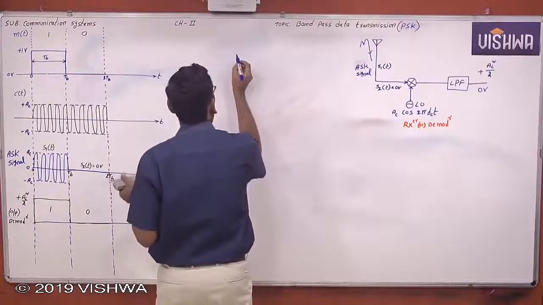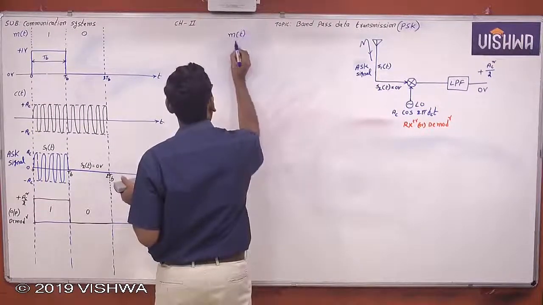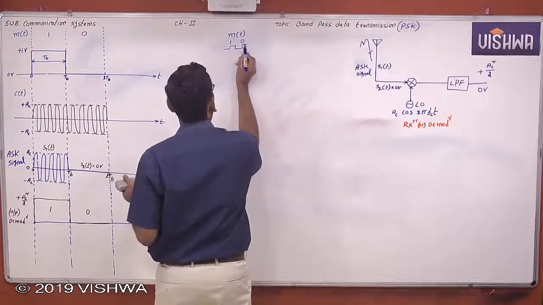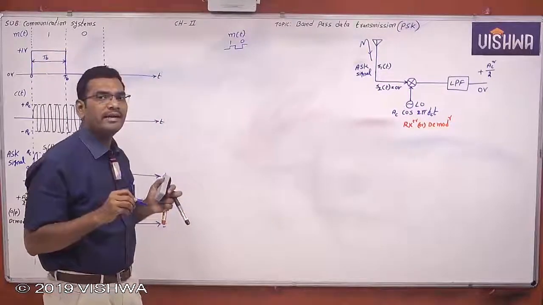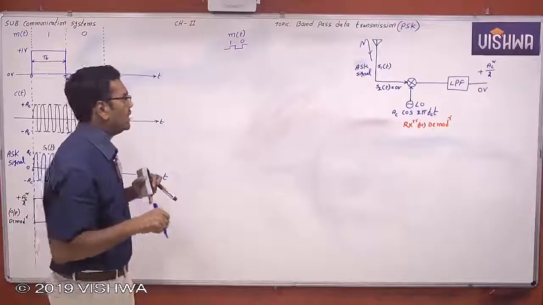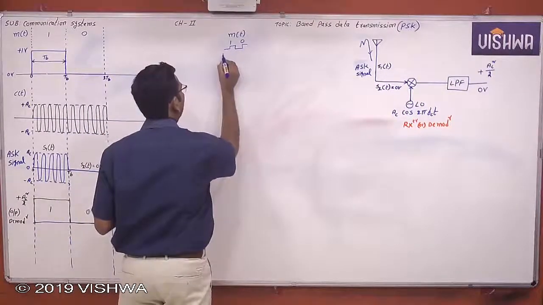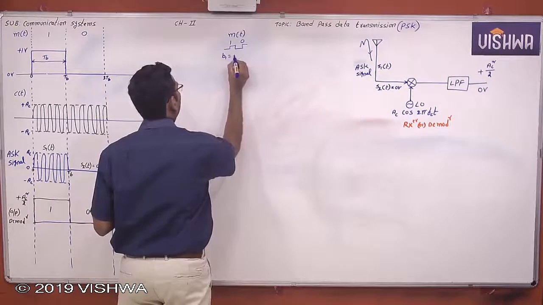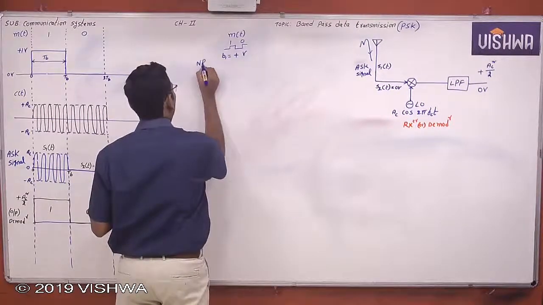Now this is the message signal, which is nothing but binary data. But to generate a PSK signal, where the phase is changing, this binary data must be represented in a non-return to zero signaling scheme.